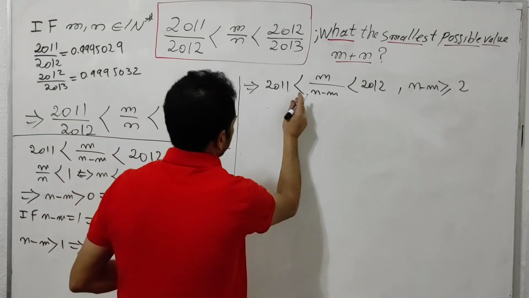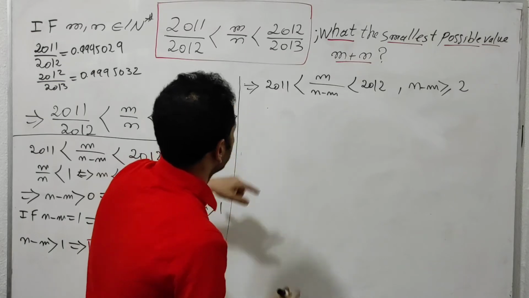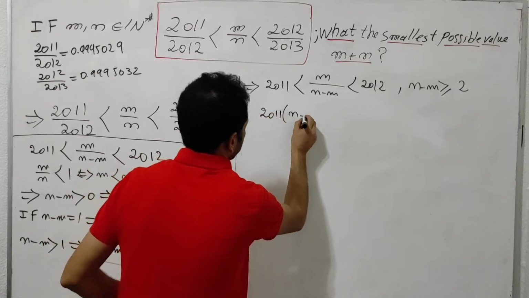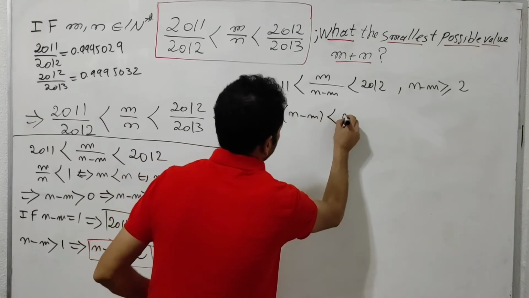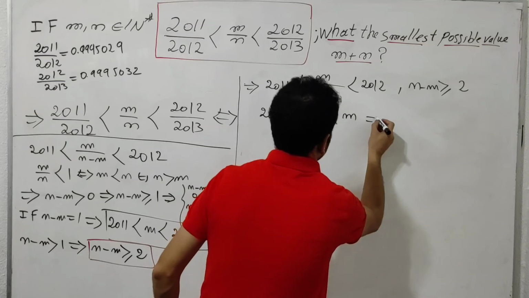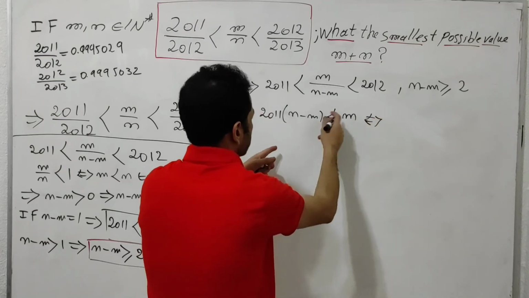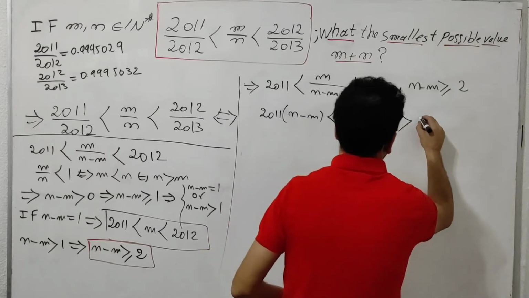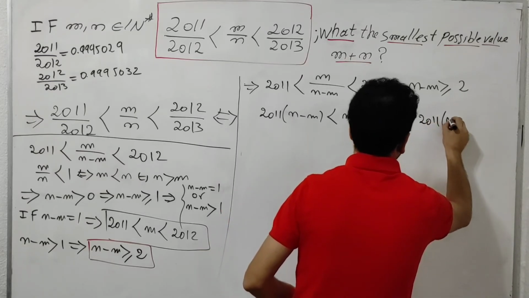Okay, so now I'm going to multiply this one by this one. So we get 2011 multiplied by n minus m strictly inferior than m. Equivalent, I'm going to switch this inequality. I will have m strictly superior than 2011 multiplied by n minus m.